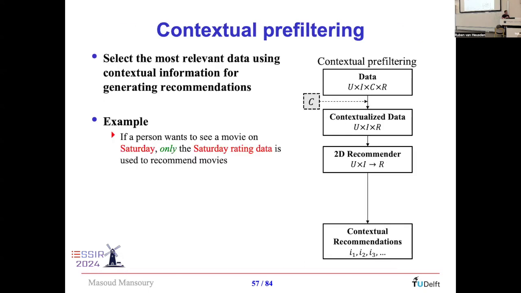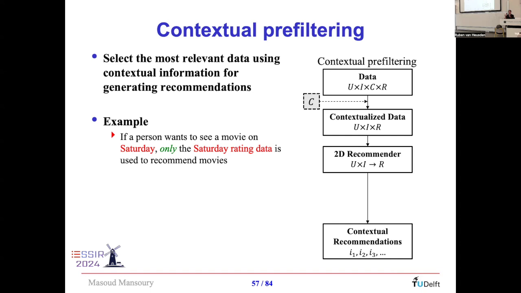The first one, contextual pre-filtering, we only extract the relevant data related to the context. For example, if a person wants to see a movie on Saturday, or maybe on the weekend, then we only build the recommendation.